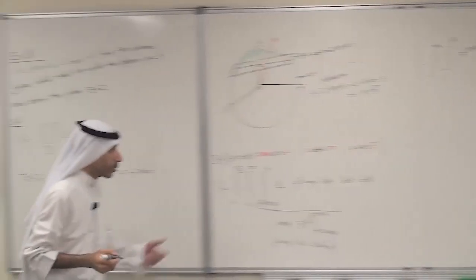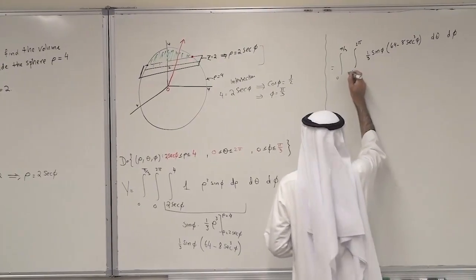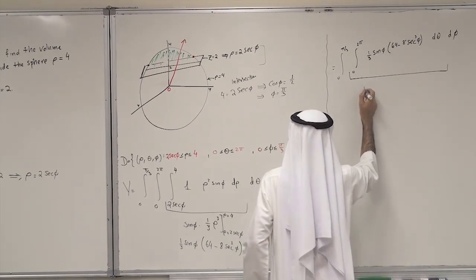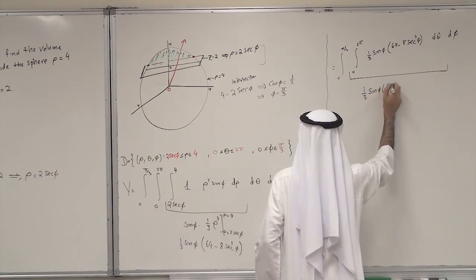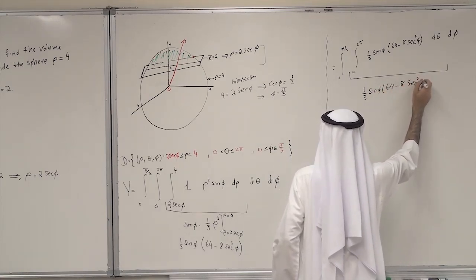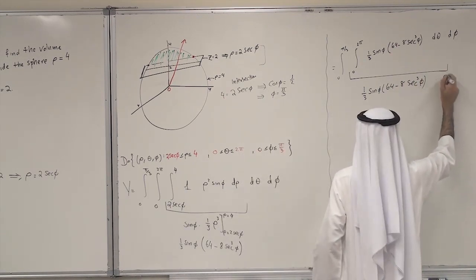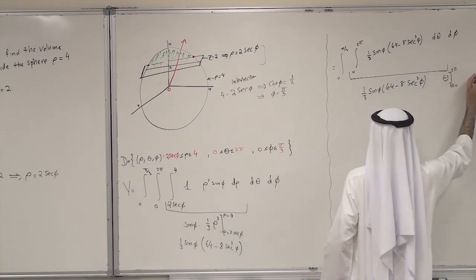The next integral is with respect to theta. Because this is in terms of phi, it will remain as it is. When you integrate with respect to theta, I get theta from 0 to 2 pi, then d phi.